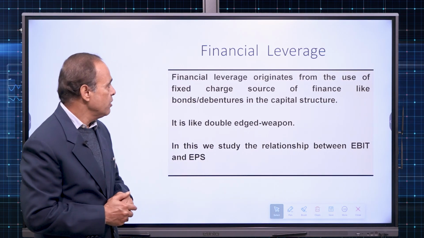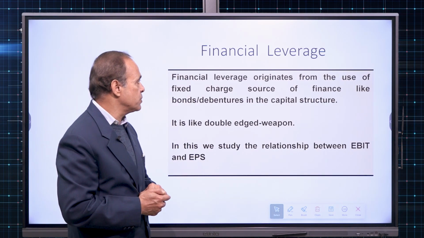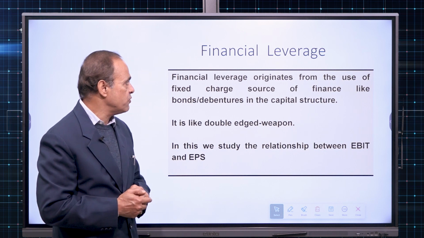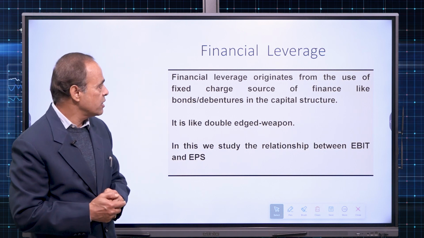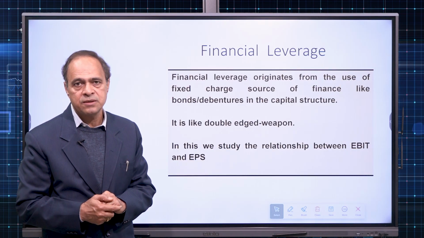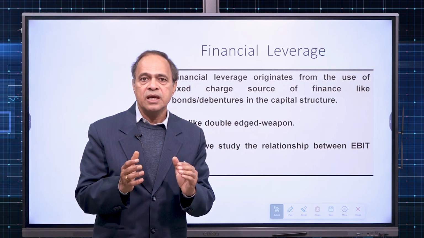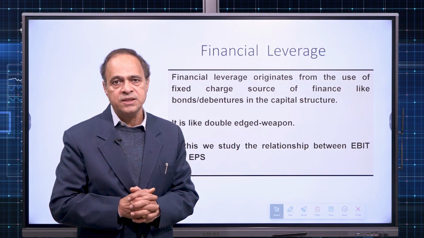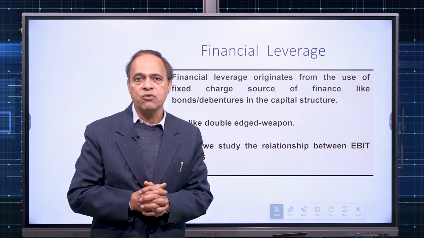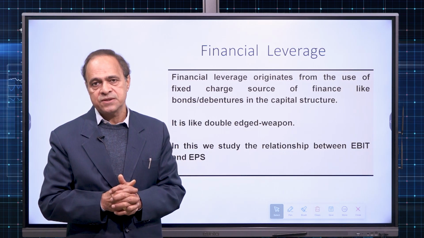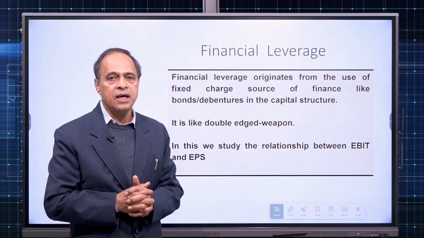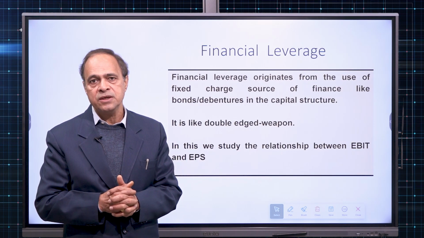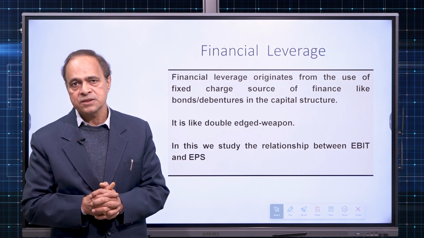Financial leverage. Financial leverage originates from the use of fixed charge sources of finance like bonds, debentures in the capital structure. As you know, capital structure means the composition of long-term sources of finance used by a company to finance its activities and assets. A company can have either an unleveraged capital structure or a leveraged capital structure.